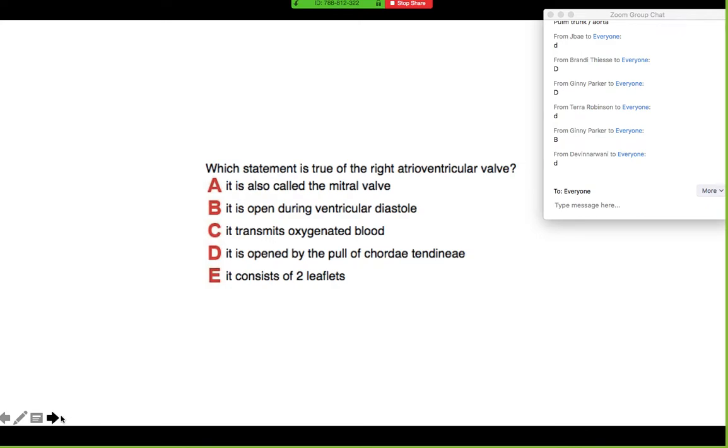All right, so just for time's sake, I'm going to keep going. Okay, so the right AV valve is open during ventricular diastole. So that's during filling.